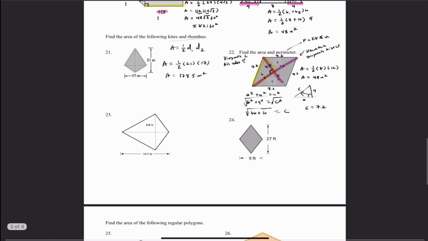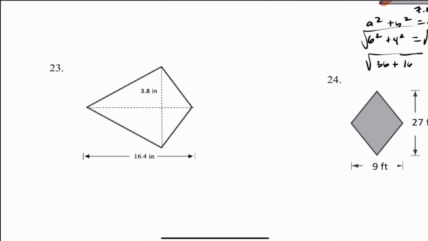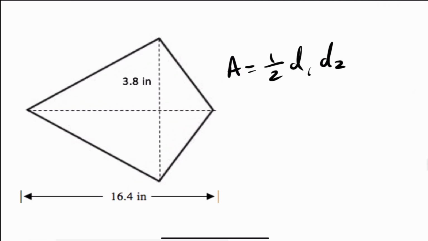All right, so that's 22, number 23. All right, we're dealing with a kite here. So A equals 1/2 D1 D2. I don't see this 3.8 pointing at anything.